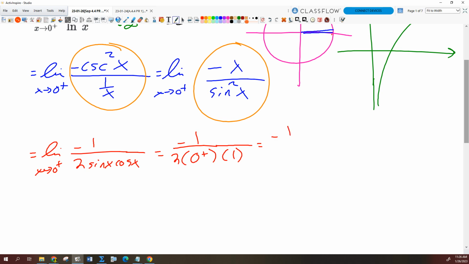So I end up with -1 over 0 plus, which is what? Yeah, a 0 on the bottom gives me an infinity, right? 1 on top, 0 on the bottom gives me infinity. So this part, I gotta be real careful here. Oops, the color coding is critical here on this one.